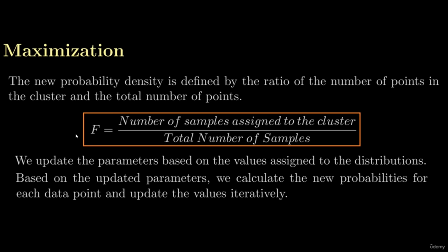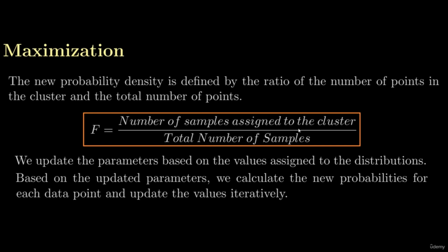This is the equation for finding it, and it is found as the number of samples assigned to the cluster over the total number of samples. You know that in both equations, the denominator is the total number of samples present in the data set. In this way, we update the parameter based on the values assigned to the distribution.